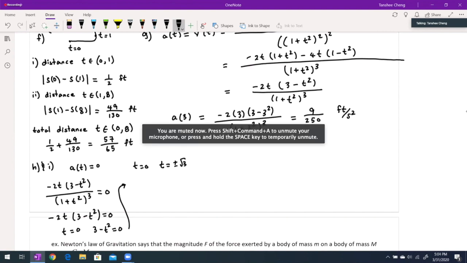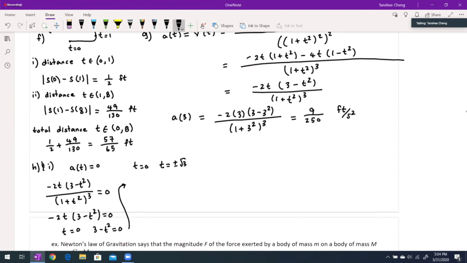So this allows us to do like before. Here's my real number line, and again, the time can be 0 or positive, it cannot be negative. So we discard the negative radical 3. And this time, we are interested in the value of the acceleration function.